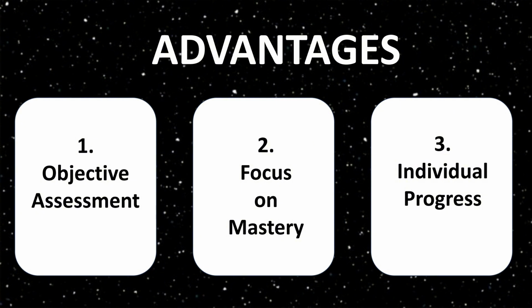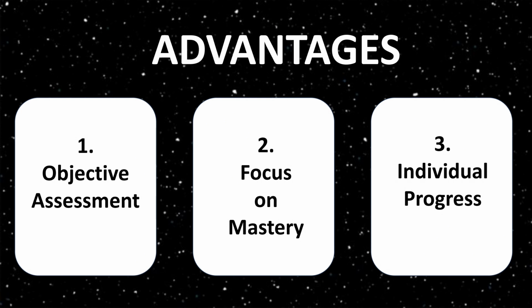Now, what are the advantages of the criterion-referenced grading system? So we have three advantages. First is objective assessment, followed by focus on mastery, and the last would be individual progress. So first is objective assessment. Criterion-referenced grading provides clear and specific criteria, ensuring consistent and fair evaluation.